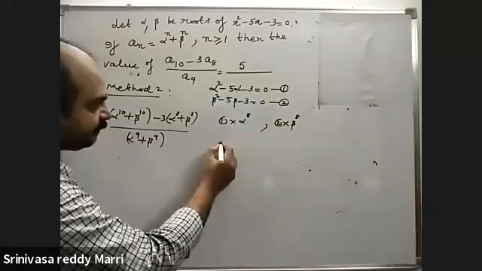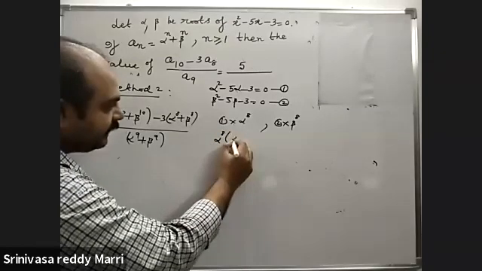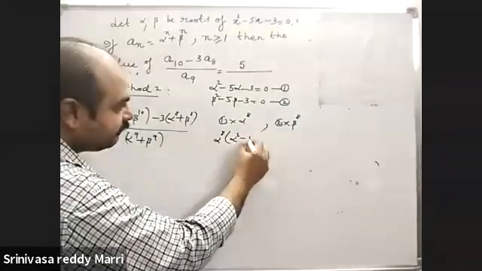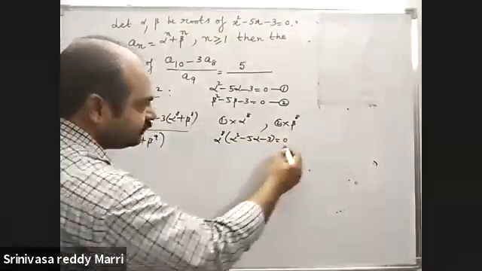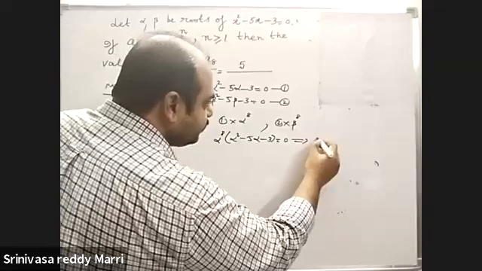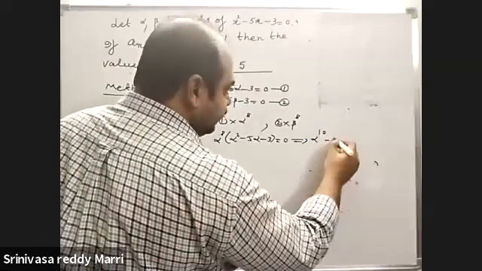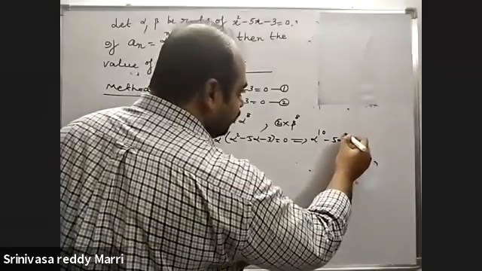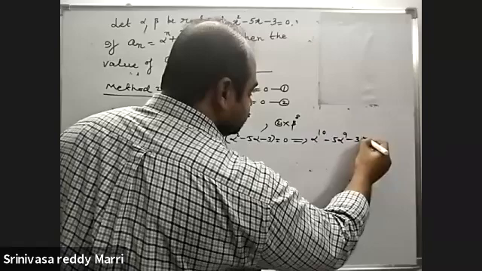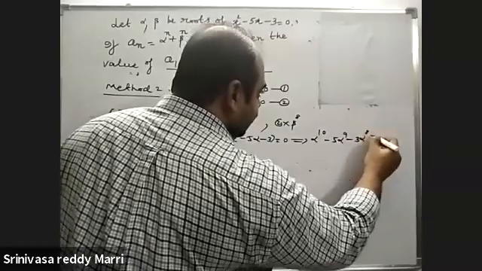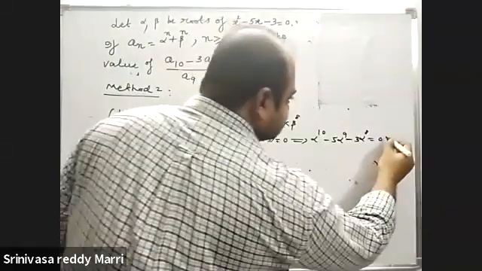So if you multiply this, alpha to the power 8 into alpha square minus 5 alpha minus 3, this side will be 0. That implies what is the equation? You will get alpha to the power 10 minus 5 alpha to the power 9 minus 3 alpha to the power 8 equal to 0. Let us say this is the third equation.